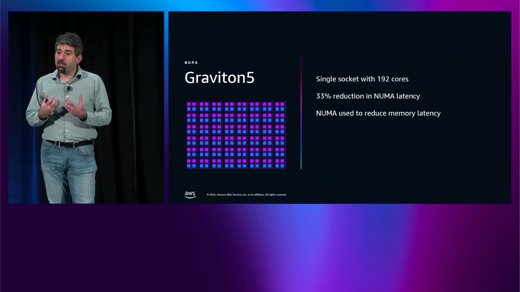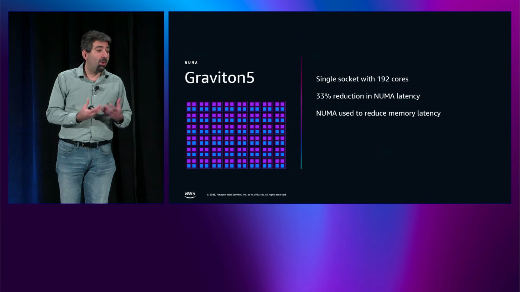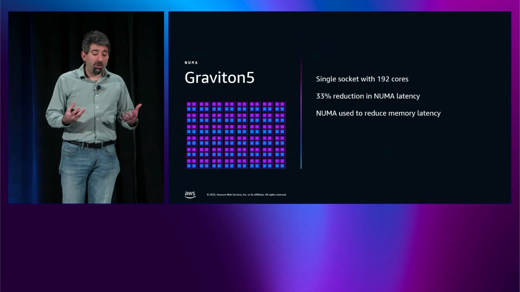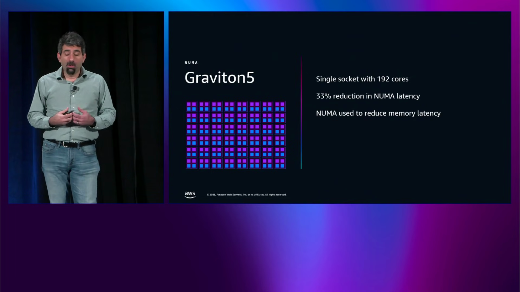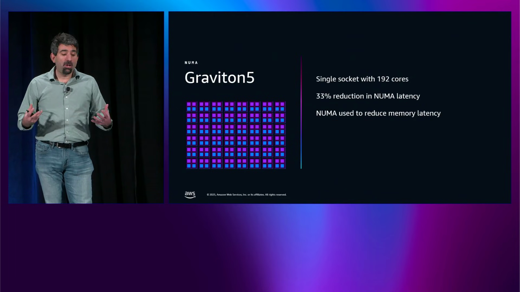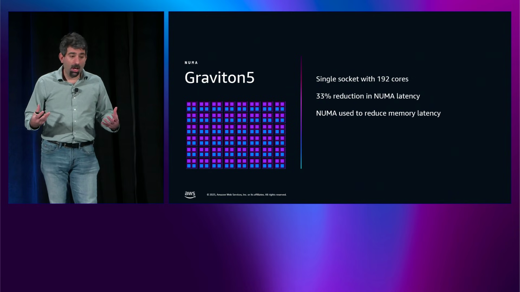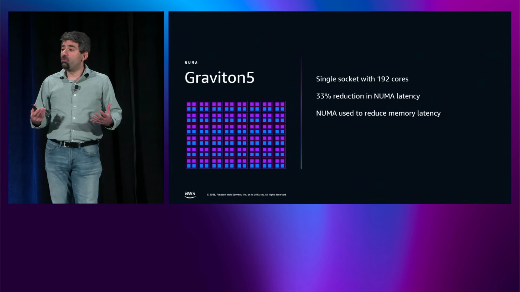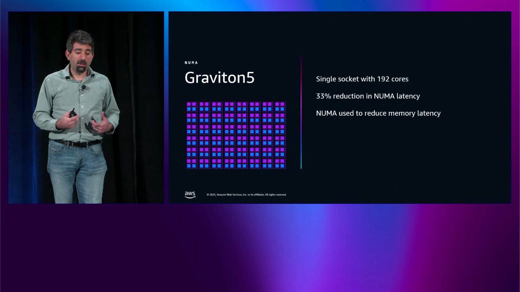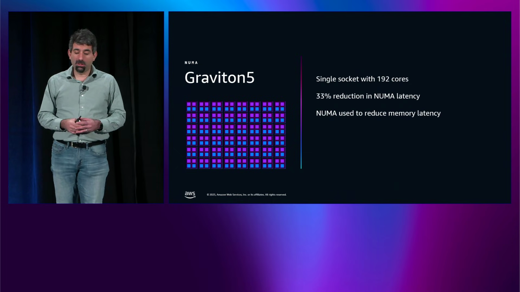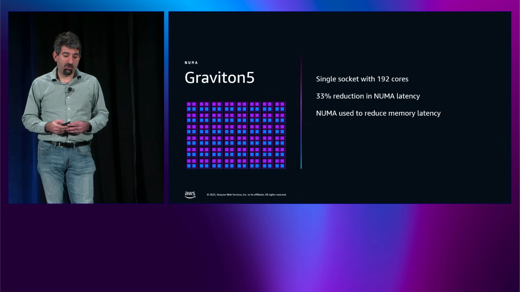As we put those 192 cores together in one chip, we've seen up to a 33% reduction in latency. We've seen a massive increase in bandwidth between cores. And we've seen much better scalability for some of these big workloads. We're not getting rid of NUMA though. We're still affinitizing 96 cores to the local cache and local memory controllers to provide better latency and performance.